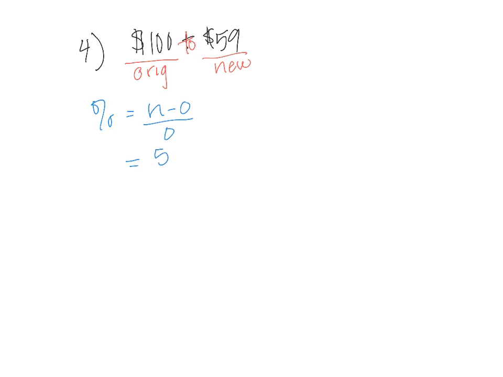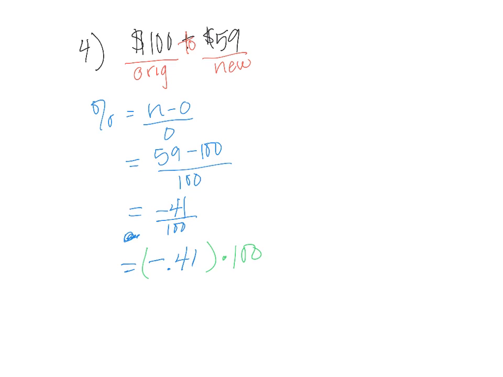My new is 59 minus 100, over 100. 59 minus 100 is a negative 41 over 100. And if I plug this into a calculator, I get negative 0.41. If I then multiply this by 100, I end up with a negative 41%.